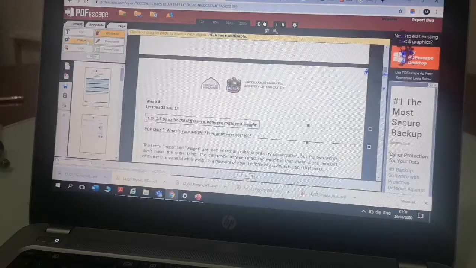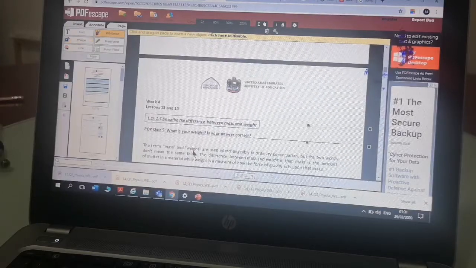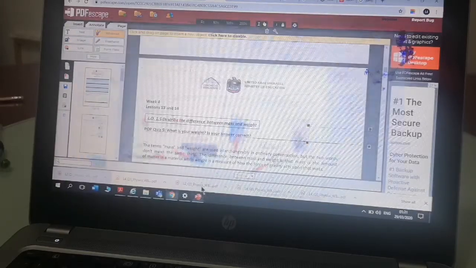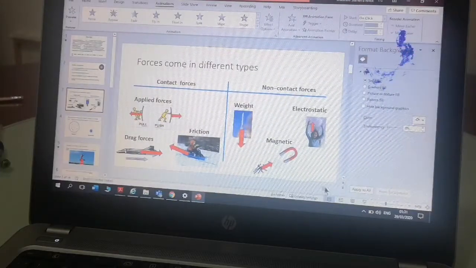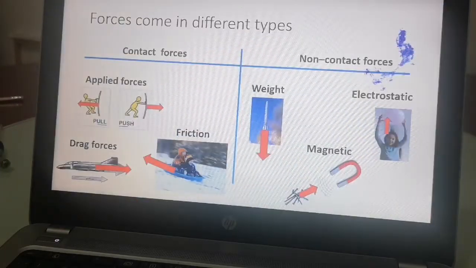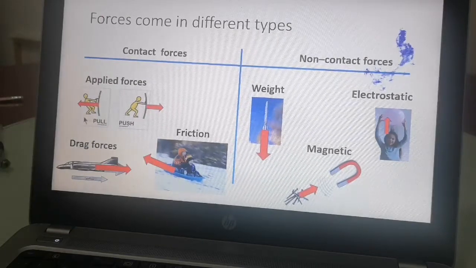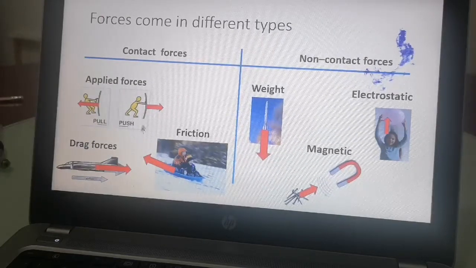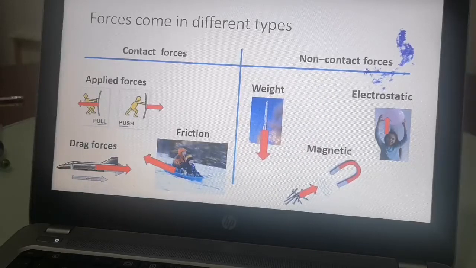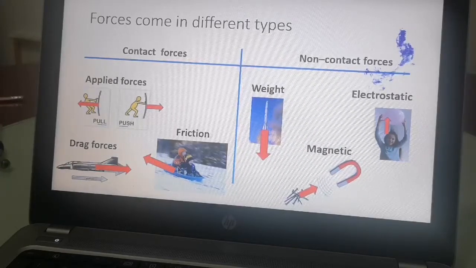So let's go to PowerPoint now explaining all of this. Let's start with this idea of force. Now force is like a push or a pull, right? You can have friction pulling this back. If there's lots of friction, it will stop. You have drag forces.